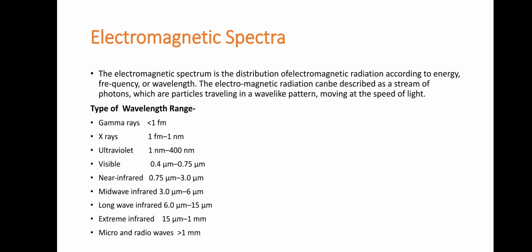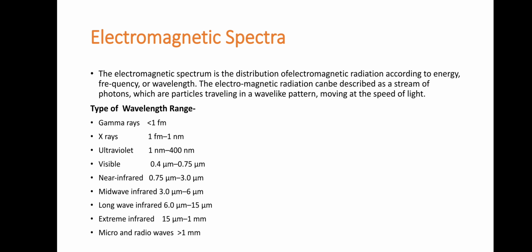So now we are discussing the electromagnetic spectrum in detail. The types of wavelength range. Gamma rays have a range of less than 1 femtometer. For X-rays, the wavelength range is from 1 femtometer to 1 nanometer.